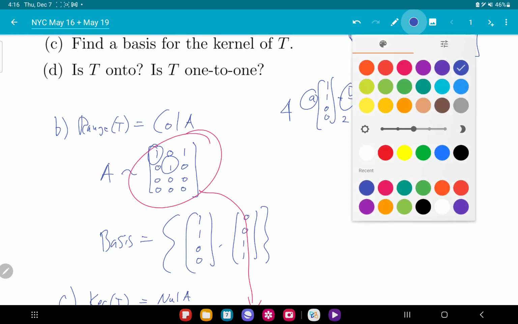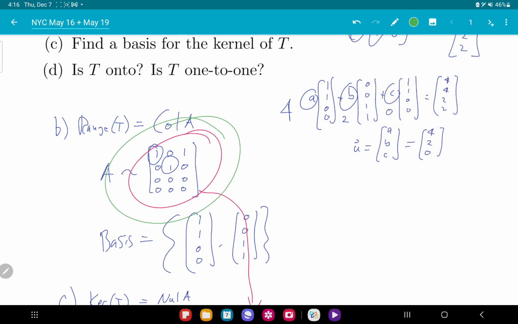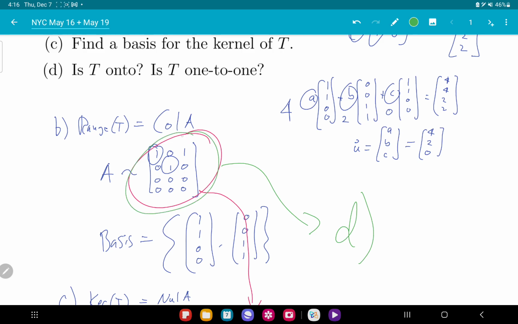Now I can see by looking at this matrix that the reduced version of A, does it have a pivot for every row? No, it doesn't. So it is not onto. Does it have a pivot for every column? No, it does not. Not one to one.